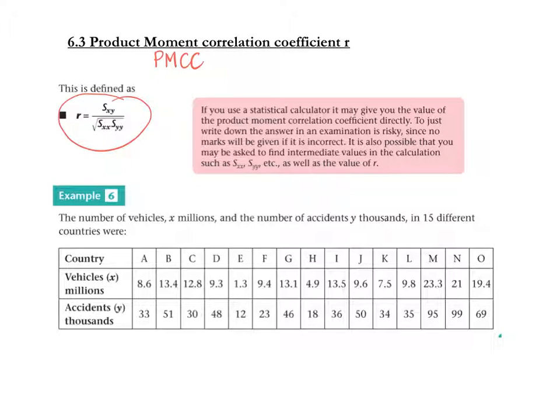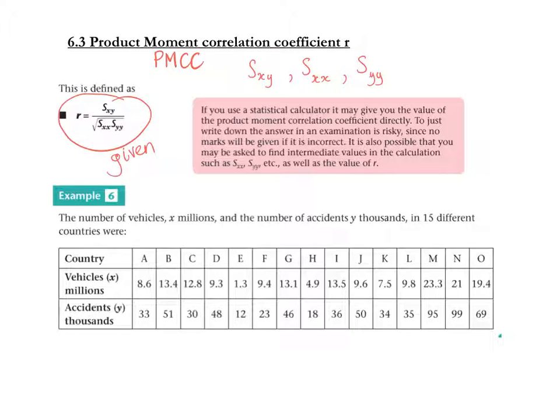What you'll usually find is that these values of S subscript XX, XY and YY are usually given to you, and what you need to do is pop them into that equation, and it is actually given, so don't worry about memorising that either, it's given.